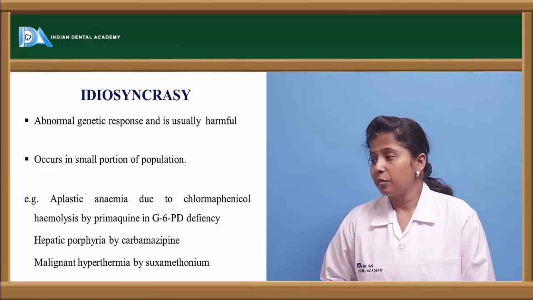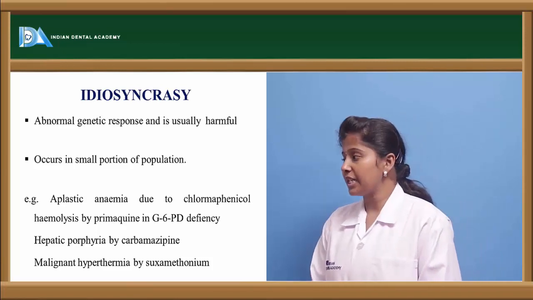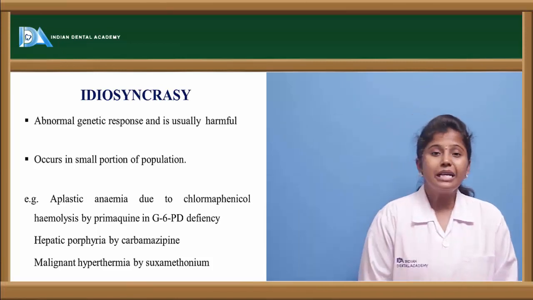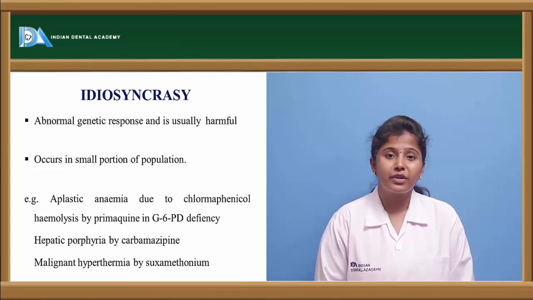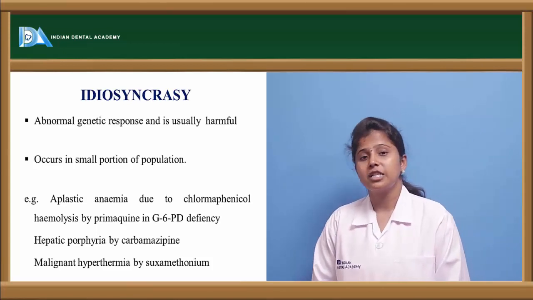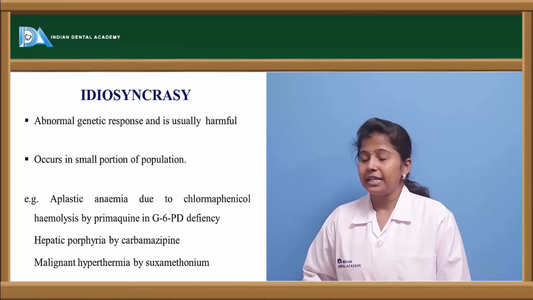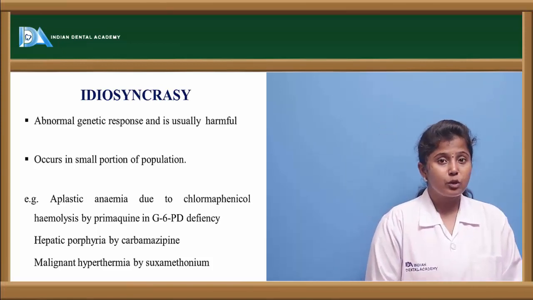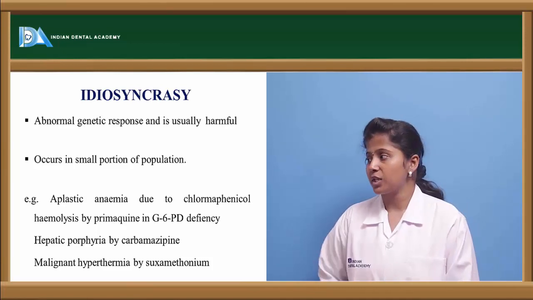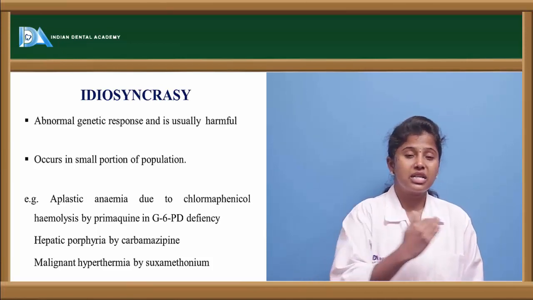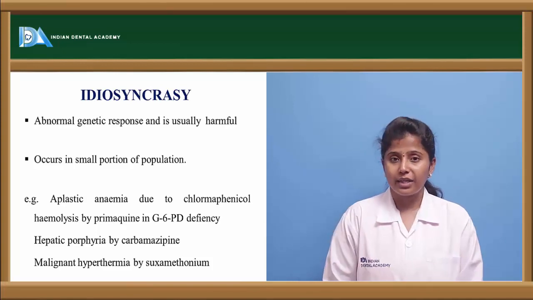Even if a person takes carbamazepine, hepatic porphyria can occur. And with suxamethonium, poisoning occurs, and that leads to malignant hypothermia. All these are genetic, so they are genetically transferred from their ancestors.